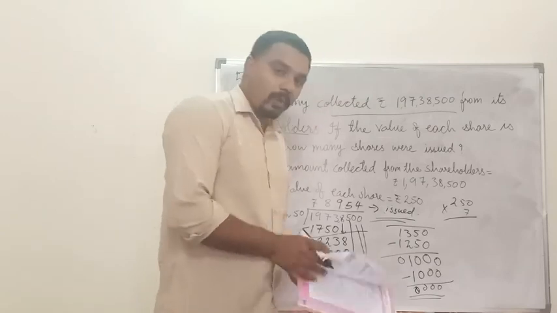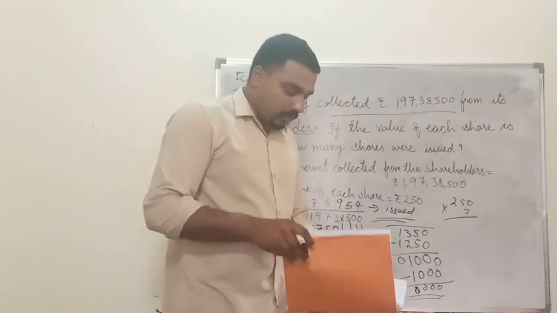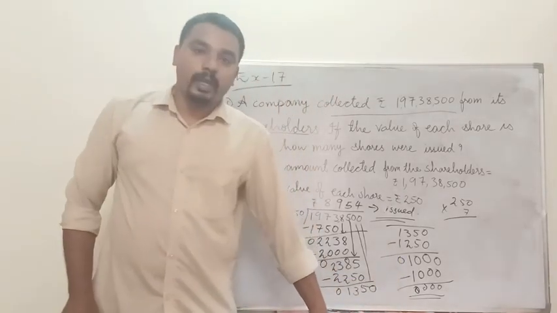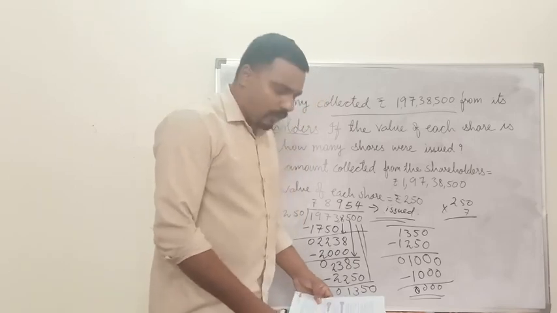Okay. So now I will give you some more questions that you have to do yourself. The solved questions are available on our website, you can browse them. So I will give you some homework.